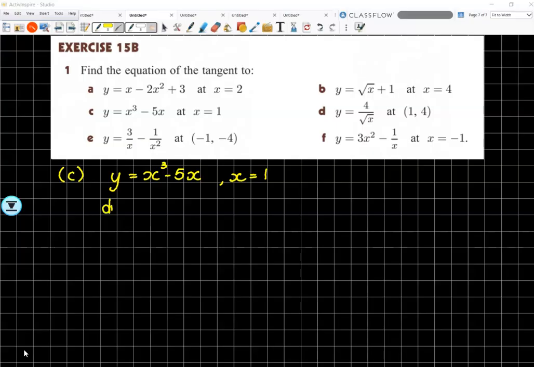That's right. dy by dx is 3x squared minus 5. Good. We make x equal 1. Therefore, dy by dx, aka the slope of the tangent, is going to be what? Not 2? Negative 2.